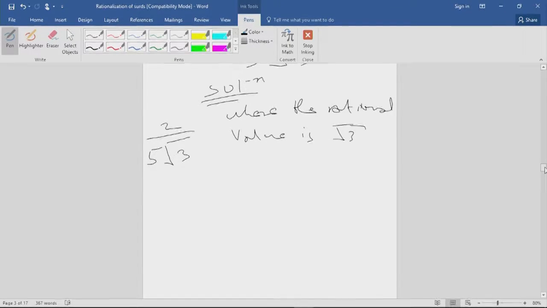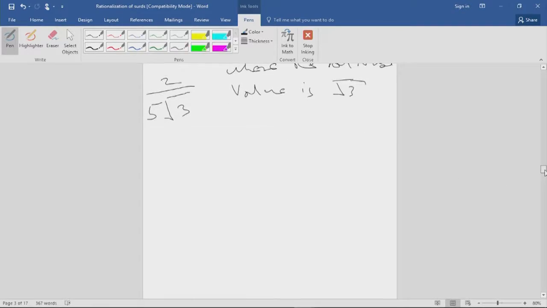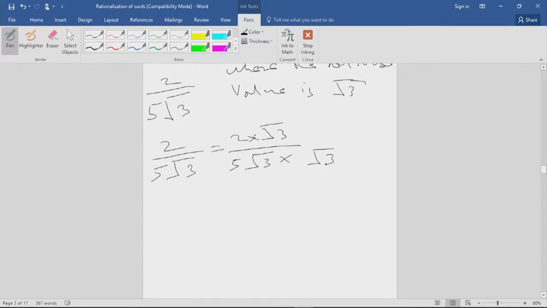That is to say, when we multiply, we'll end up having something that will eradicate the radical sign. So we have 2 upon 5 root 3. This gives us 2 multiplied by root 3, all upon 5 root 3 multiplied by root 3.